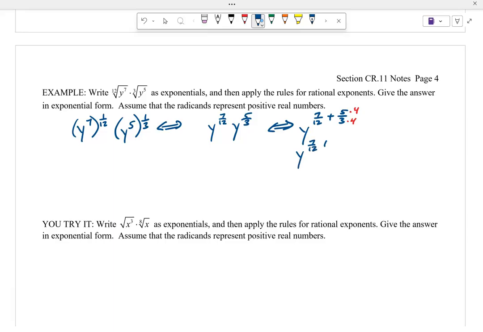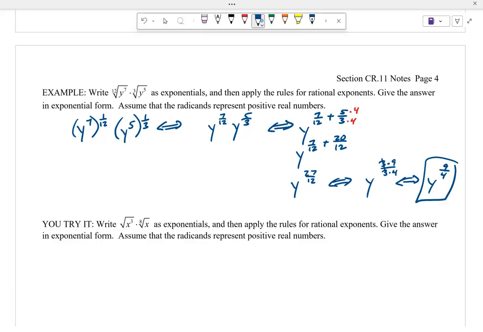So I got 7/12 plus 20/12, right? 20/12 is the same as 5/3. And so we end up with 20 plus 7, 27/12. Now remember, 27 is 3 times 9. 12 is 3 times 4. So this will simplify to 9/4. Y to the 9/4, which is our answer on that.